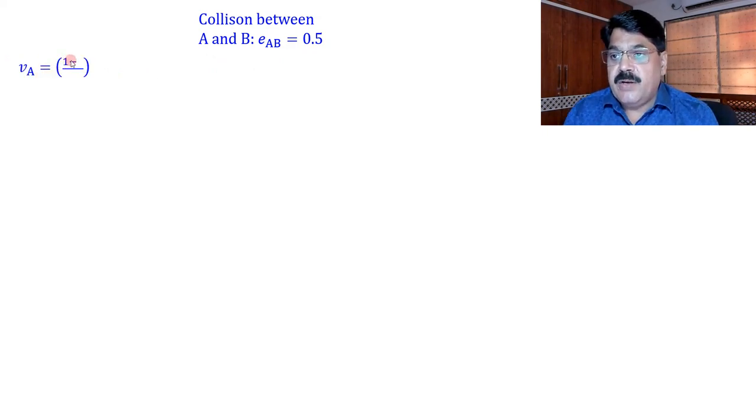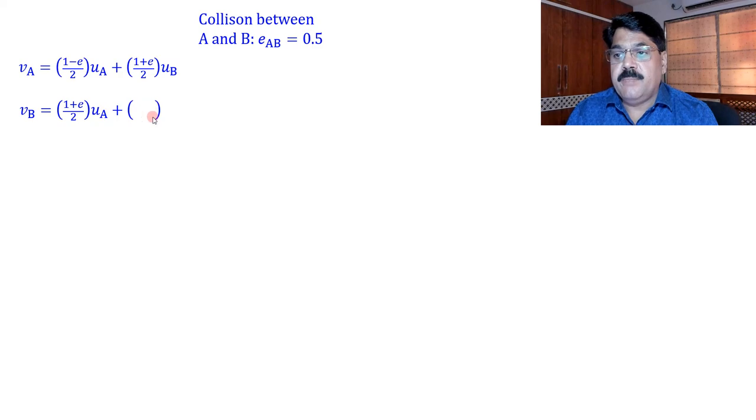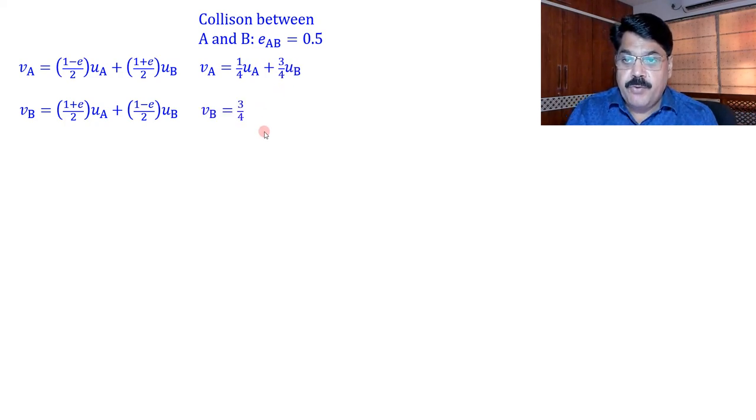VA was (1 minus E)/2 into UA plus (1 plus E)/2 into UB, and VB was (1 plus E)/2 into UA plus (1 minus E)/2 into UB. Now substituting E as 0.5, VA is equal to 1/4 UA plus 3/4 UB, and VB is 3/4 UA plus 1/4 UB.